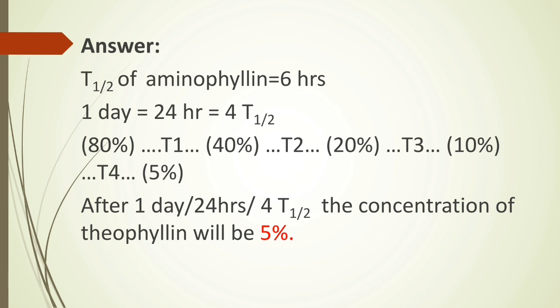After the third half-life, this 20% will be reduced to its half, that is 10%. And after 4 half-lives, that means after 24 hours, that's after 1 day, the theophylline concentration will reduce to 5%, that is half of 10%, that is 5%.